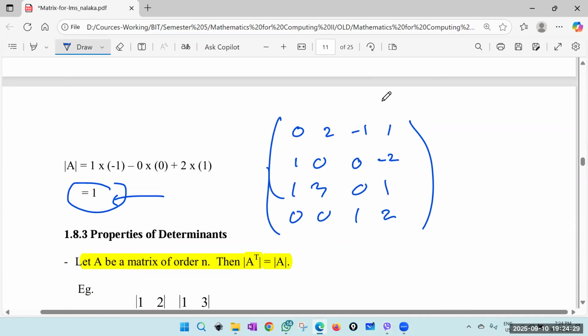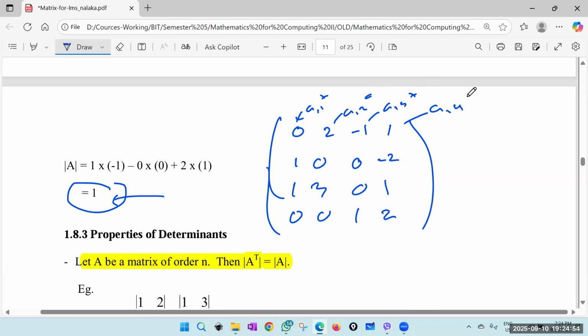Again, use the same concept. You take any row or any column, okay? Let's say we take the first row. So then this is A11, A12, A13, A14. So this is even, this is odd. This is even, even means positive.